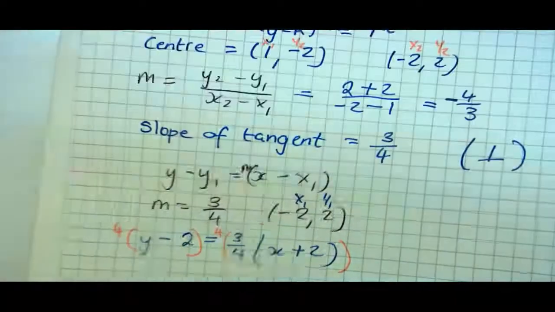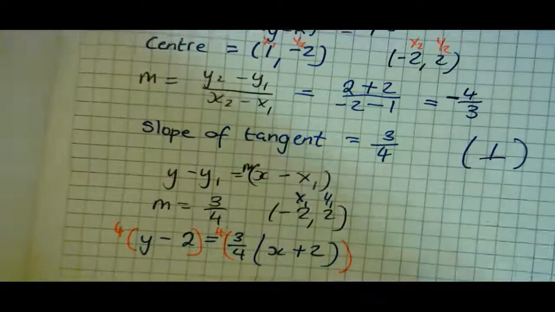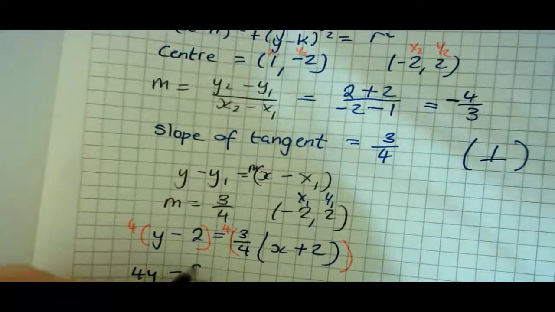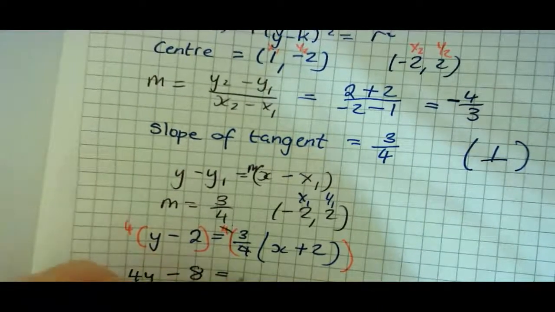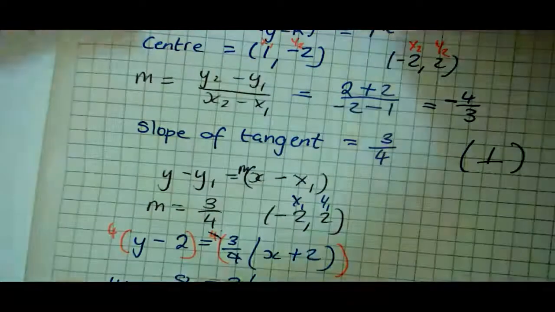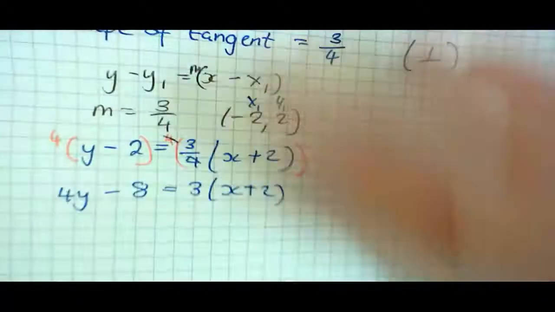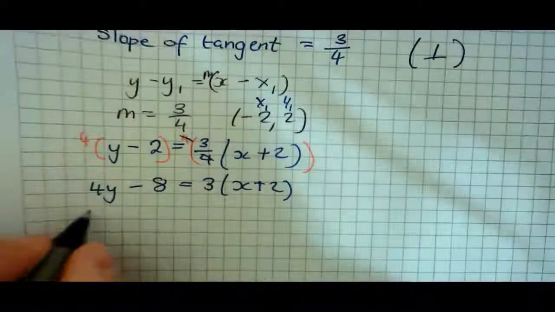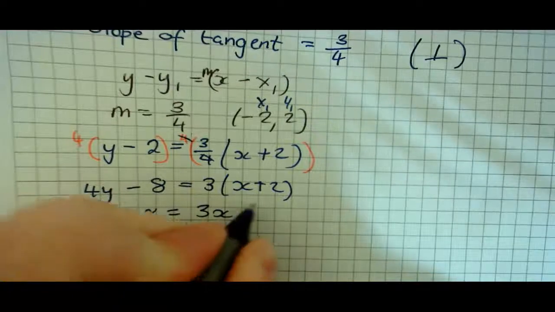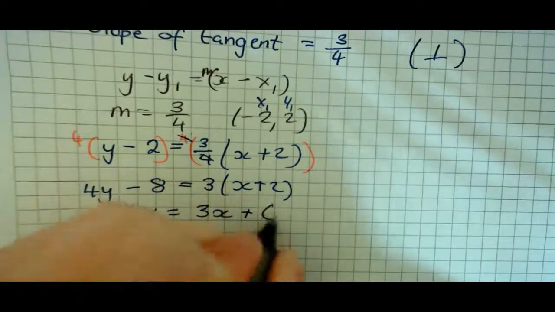So we've done all this in last chapter. 4 multiplied by y is 4y. Minus 4 2's is 8, is equal to, these two are going to cancel and we're just going to be left with 3 by (x plus 2). So multiply out my brackets then. 3 by x is 3x plus 3 by 2 is 6.